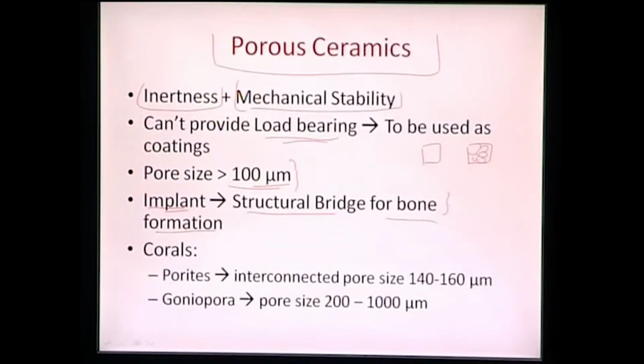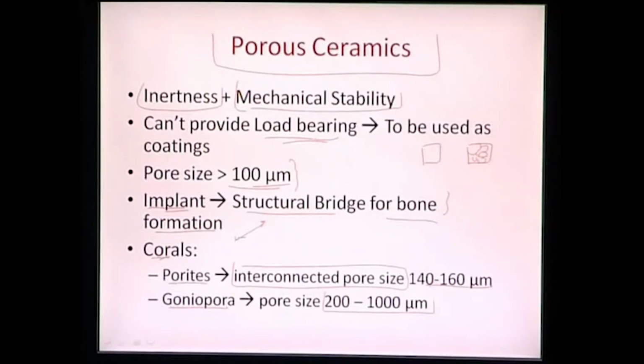And that porosity can be induced in this manner: we have certain corals, such as porites or goniopora, and they already have interconnected porosity, which is of the order of 140 to 160 microns, or in goniopora the pore size can be as high as 200 to 1000 micrometers.